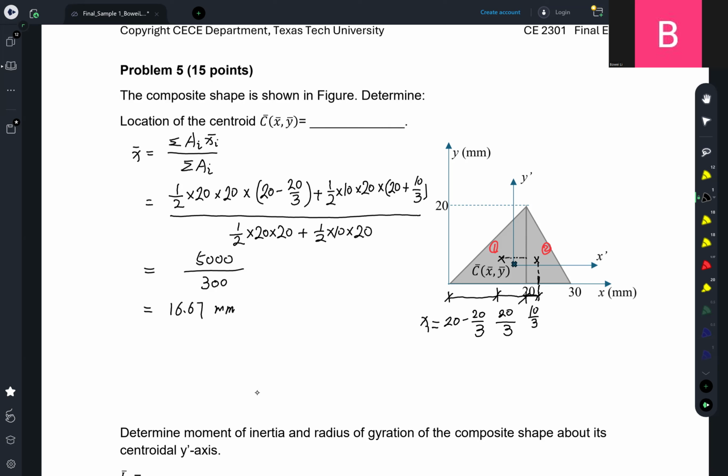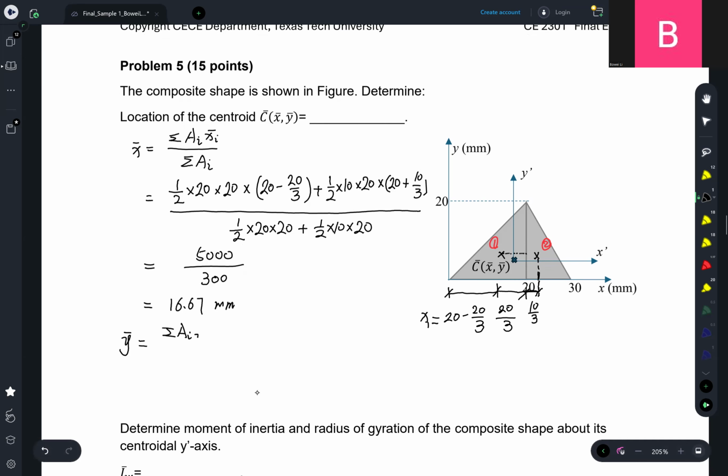So now we have y bar, which can be similarly calculated. We have everything the same. It is again a weighted average, right? But we now replace x with y. So we're going to have again area, a half of the base times height, and now times the y coordinate of the centroid of the first shape.